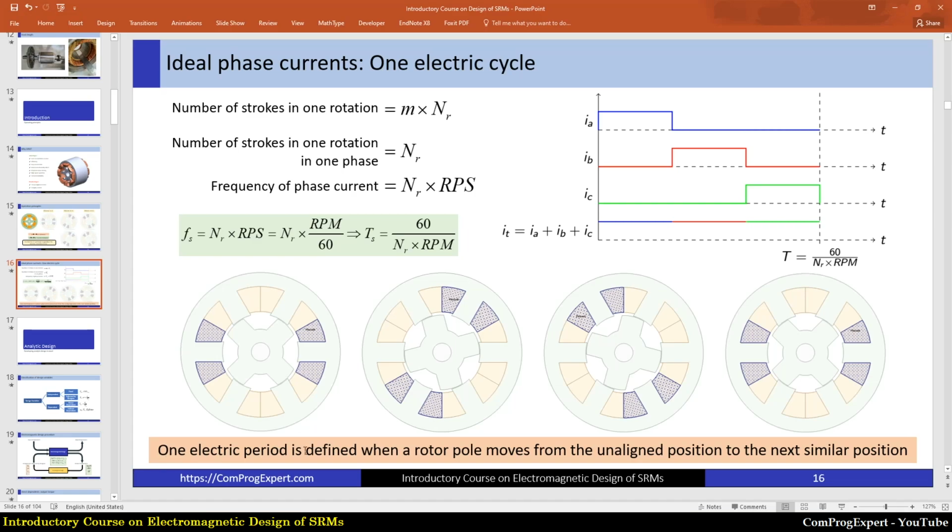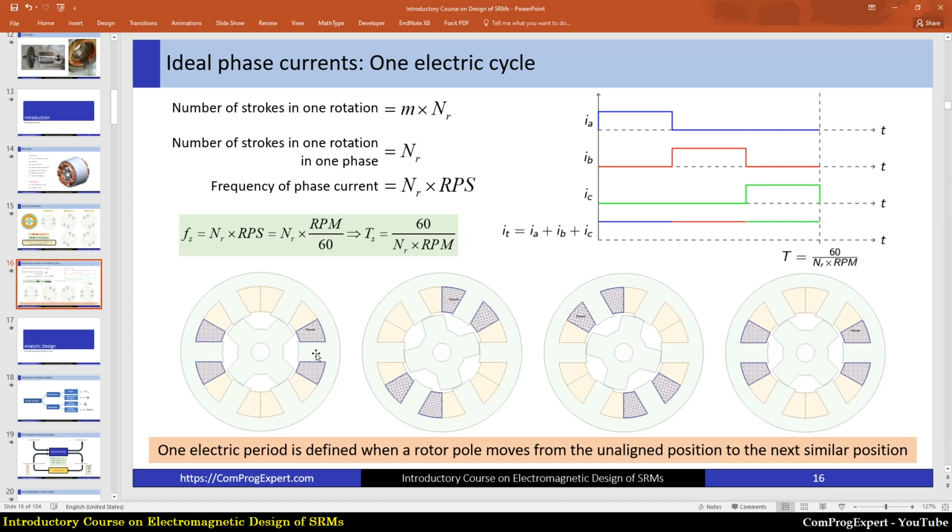One electric period is defined when a rotor pole moves from an aligned position to the next similar position, right? So this is our convention. This is one electric period. We have this unaligned position.